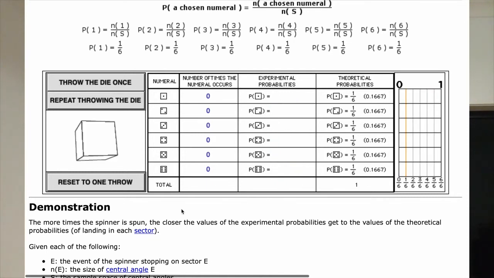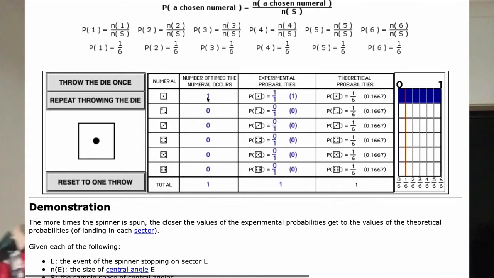We're going to roll it once, and the first roll is a 1. We've rolled a 1 once, and we haven't rolled a 3 at all, so our experimental probability is 0 out of 1. But our theoretical probability is still 1/6.